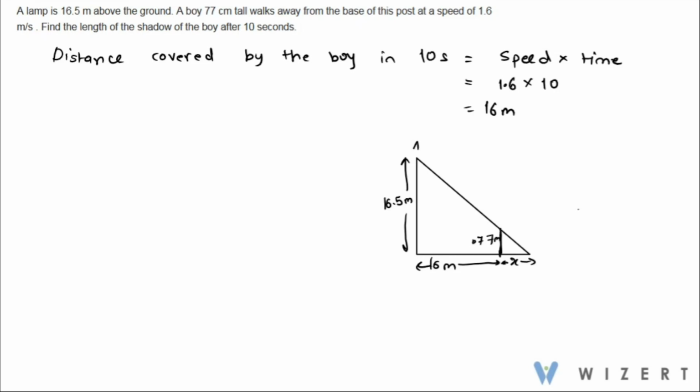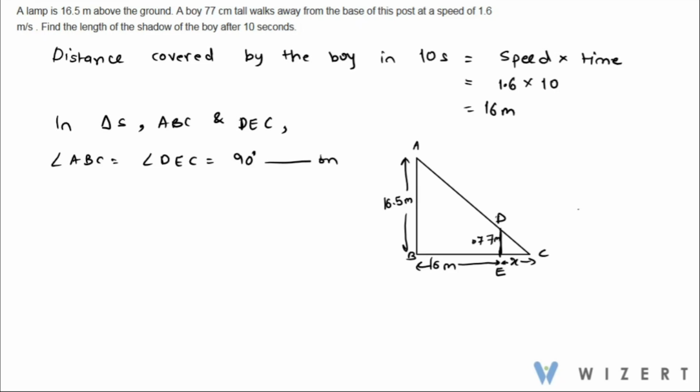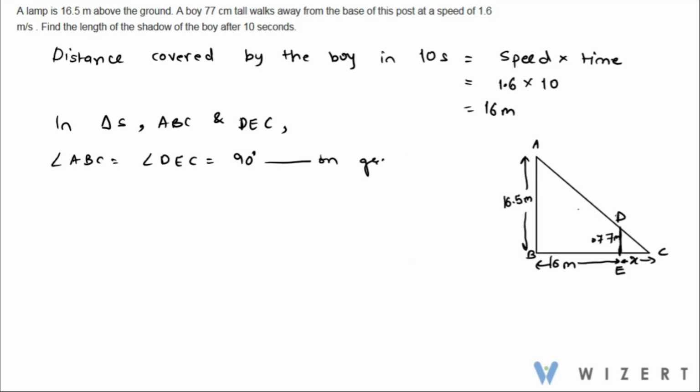Now let's name this triangle A, B, C, D and E. Now in triangles ABC and DEC, we have angle ABC equal to angle DEC equal to 90 degrees, since they are on ground, so they must be straight upright.